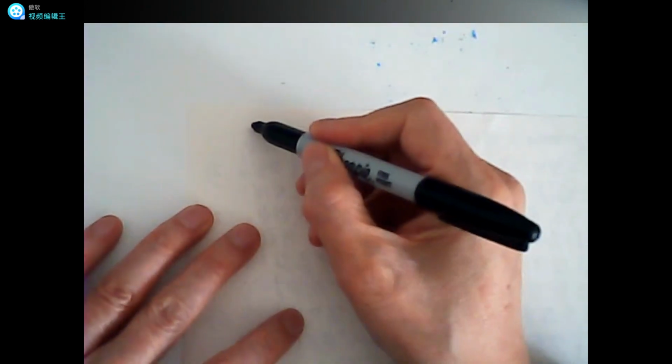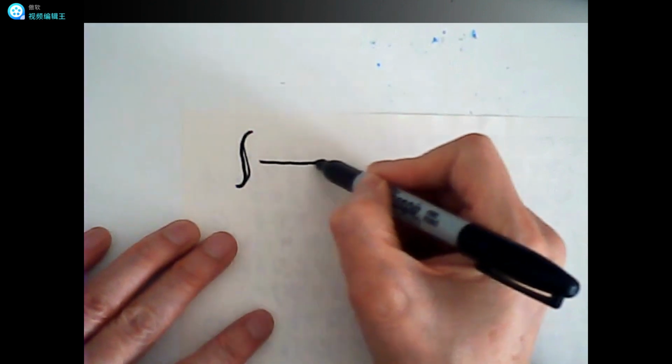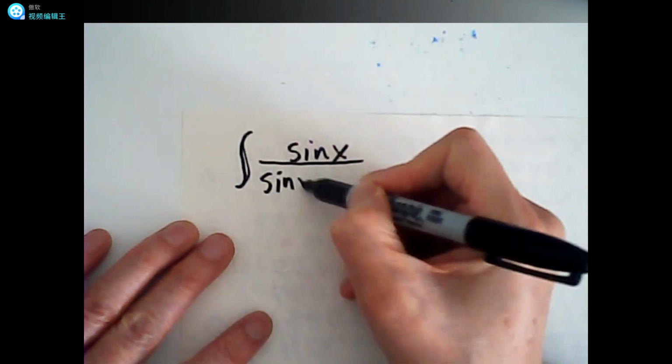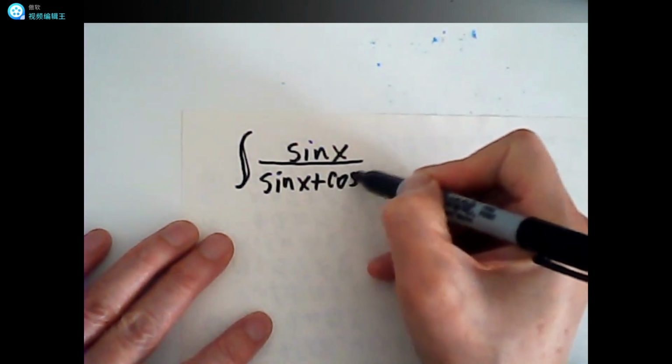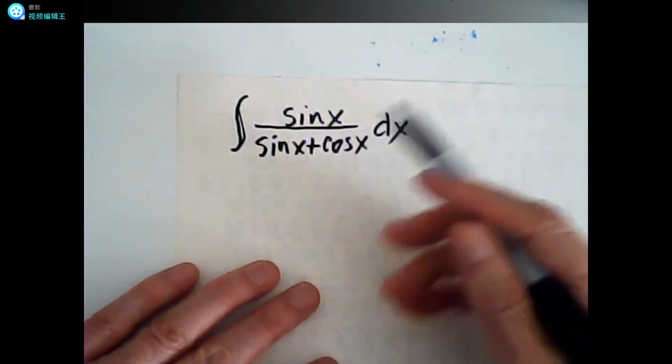Method 4. Let me make some points here. This is sine x plus cosine x. This kind of integral, with trig functions.